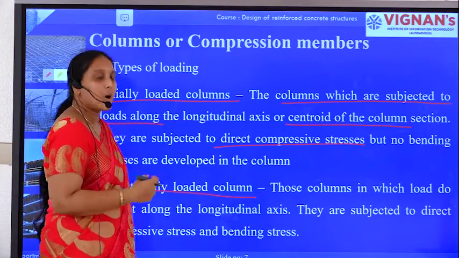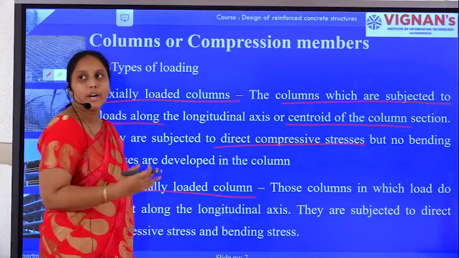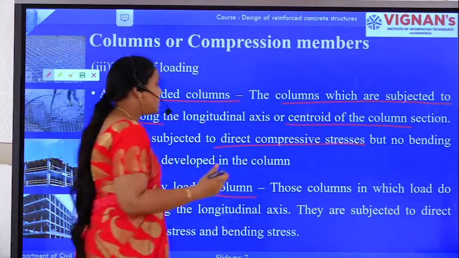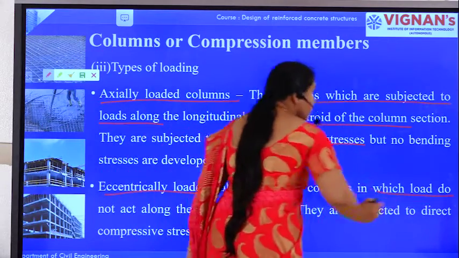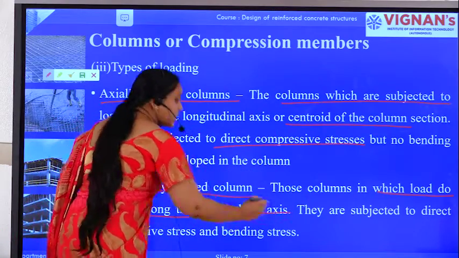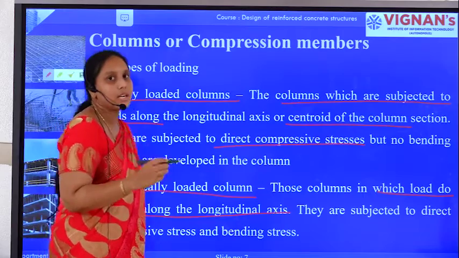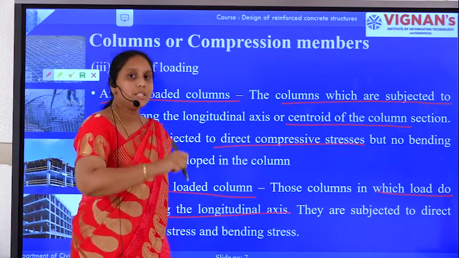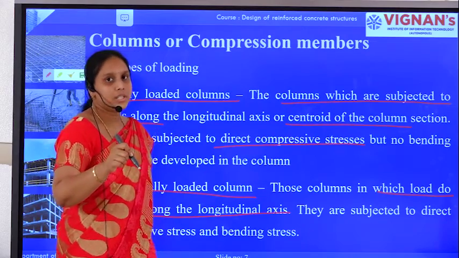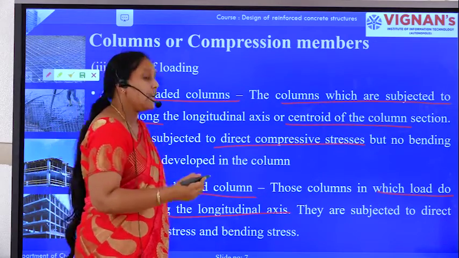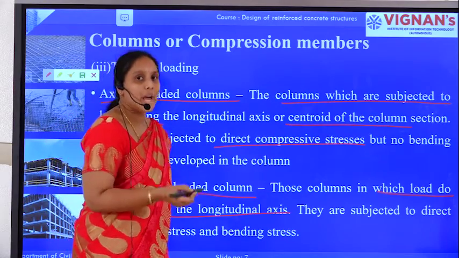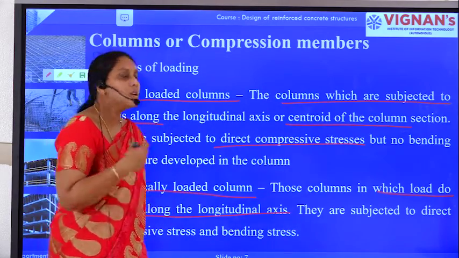Now let's see what is meant by eccentrically loaded columns. The columns in which the load does not act along the longitudinal axis, that is, it does not act at the centroid, but acts at some distance, are subjected to direct compression as well as bending.